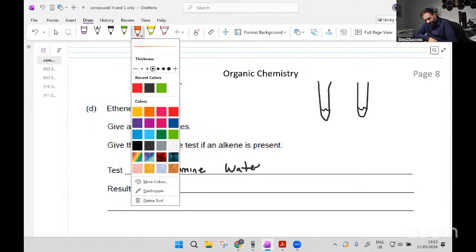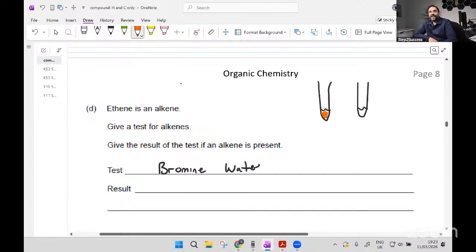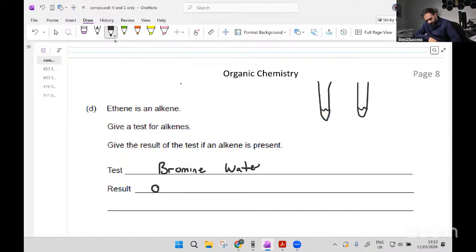And if it mixes with an alkene, it changes from orange to colorless. The reason for that is that alkenes have the ability to react with it, but alkanes don't. So with an alkane, it wouldn't change color, it would stay orange, but with an alkene, it changes color. And that's because alkenes can react with things.